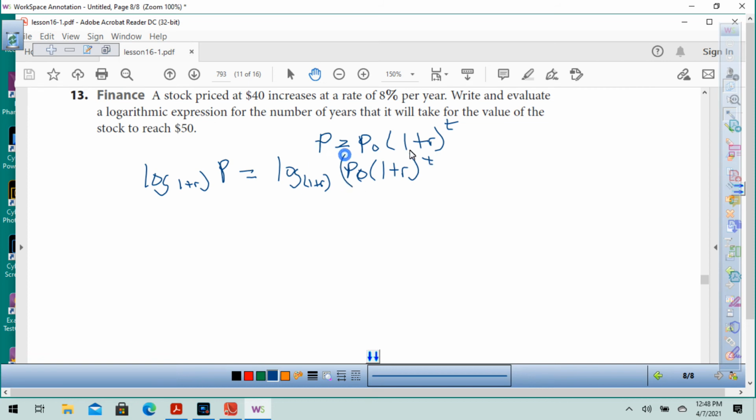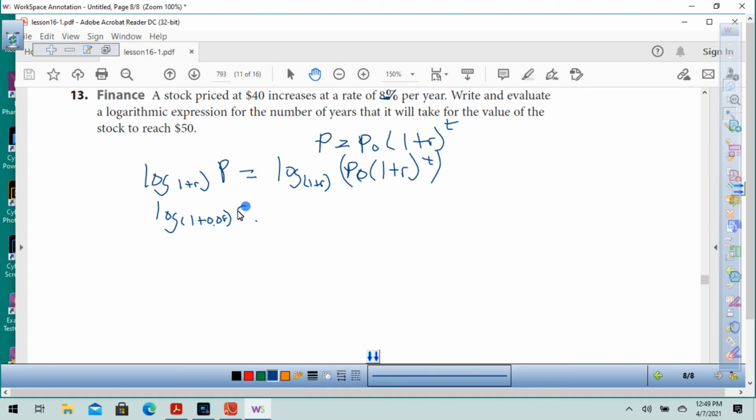And let's see, we better put all of this in there. All right, just like that. Okay, now we said we had 8%, right? So 1 plus 0.08, that's going to be log 1 plus 0.08 P equals, well, what was P? Well, that would have been $50, right?